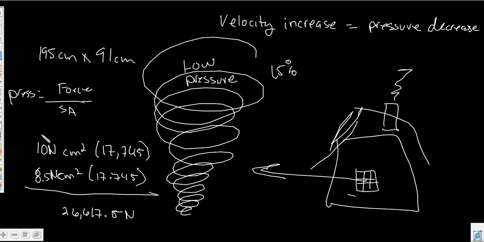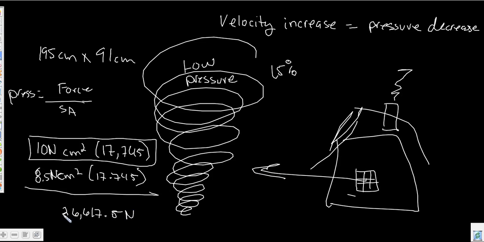And so where's that pressure? Well, on the inside, it was still the regular old atmospheric pressure. But when the tornado came over it, now on the outside, the pressure is 15% less. And so the difference in pressure is pushing from the inside out, because now there's more pressure on the inside than there is on the outside. All of a sudden, the force on the outside was lowered by 15%.